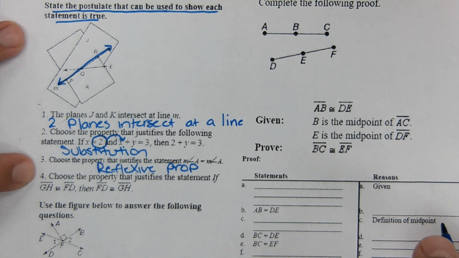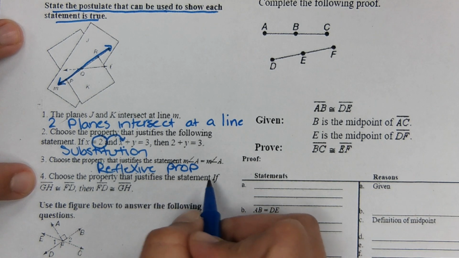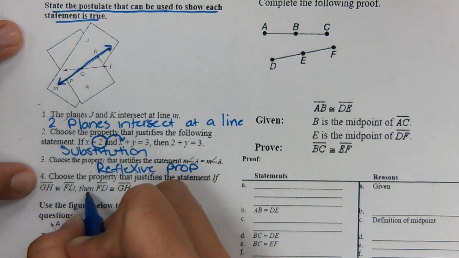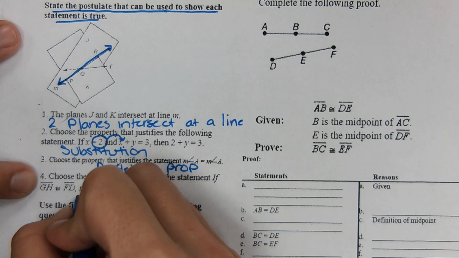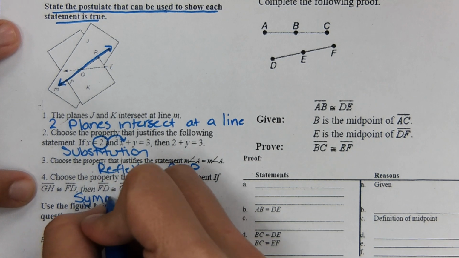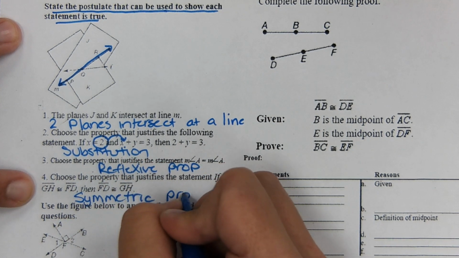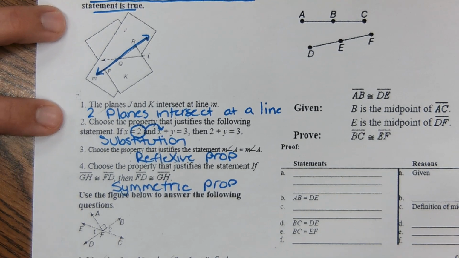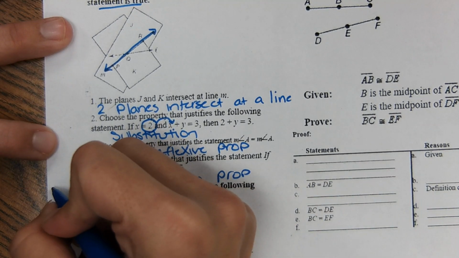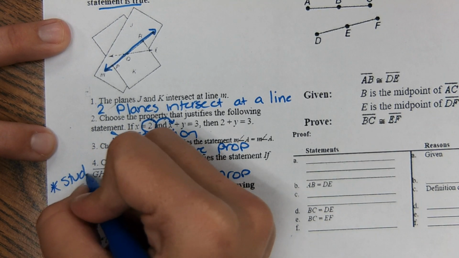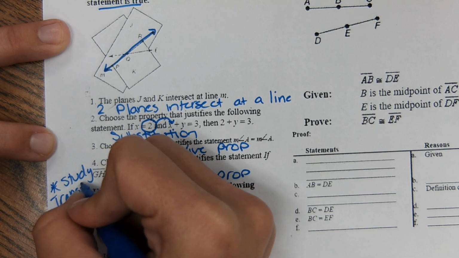Number 4, choose a property that justifies this statement. GH is congruent to FD, then FD is congruent to GH. That is symmetric property. And the other property to know that comes up a lot is transitive property. Study transitive property.